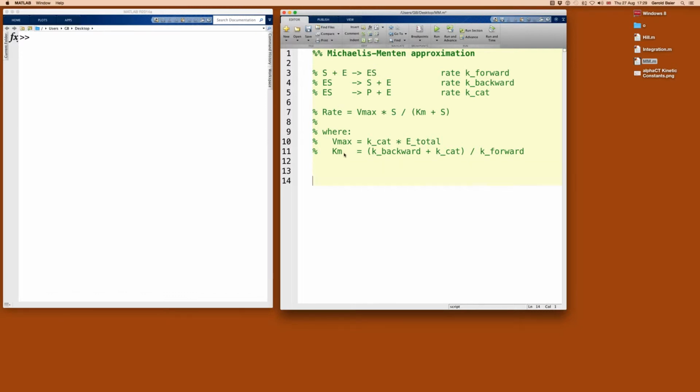Right. So this is the derivation of that mechanism, which leads to this simplified version of a rate equation that we can use as a good first step to calculate rates.